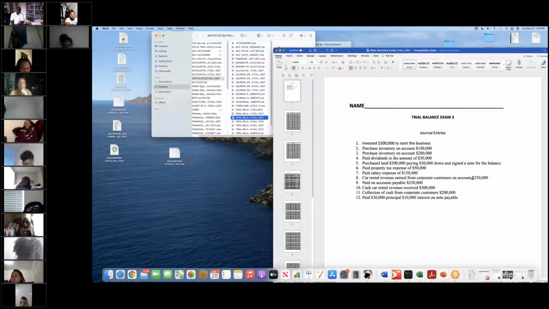So next class period, you're supposed to bring to me trial balance exam 3. And yes, we'll work it, but you've got to work on it before we get here because I'll be starting with the trial balance. So you need to have made the journal entries, posted them to the ledger, and gotten a trial balance.